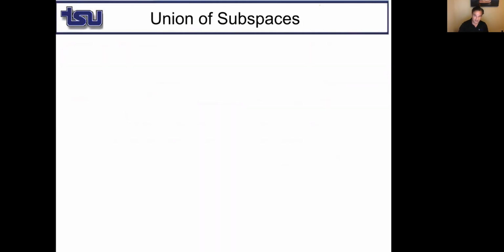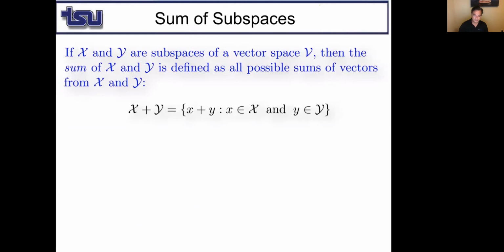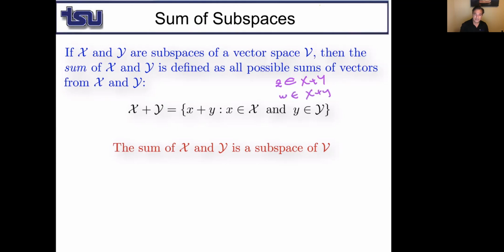It is important to understand that the sum X plus Y is a subspace of V. And let's see why. Well, because if you pick any element in this sum, let's say you pick an element Z, and you pick another element, let's say W, in this sum, if you add them up, Z plus W, obviously that will also be in this sum.